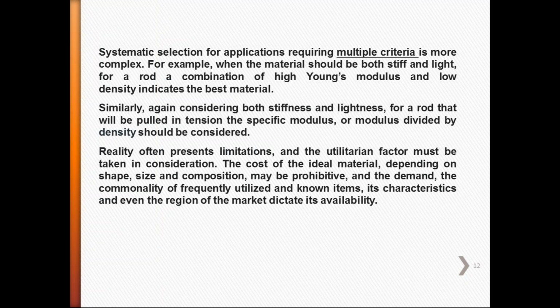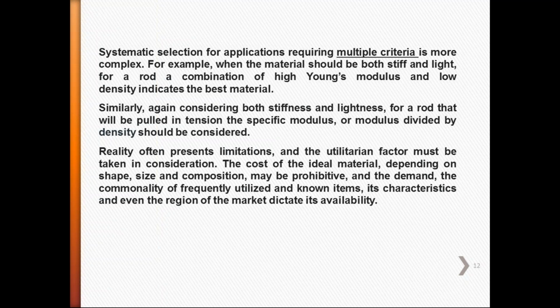Okay, that means if suppose we have some candidate material and our final product required is a rod that should be stiff enough, at the same time lighter in weight, the material which corresponds to highest Young's modulus and lowest density, that should be selected as appropriate material. So Young's modulus corresponds to higher is better requirement, and density corresponds to lower is better requirement.